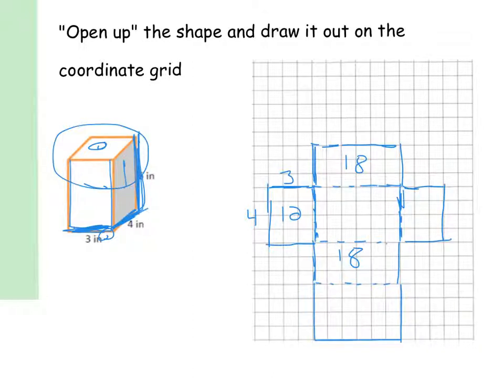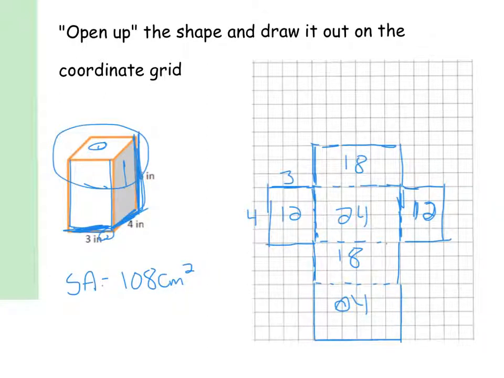We have a 4 by 6, and there's 2 of them. And we have another 3 by 4. So drawing it this way, if we add up all of these numbers, we have a total surface area of 108 centimeters squared.